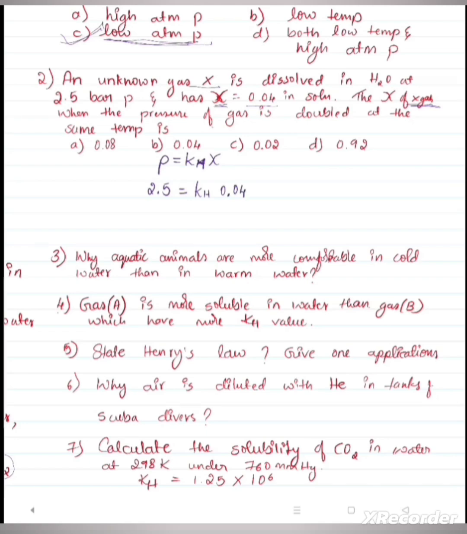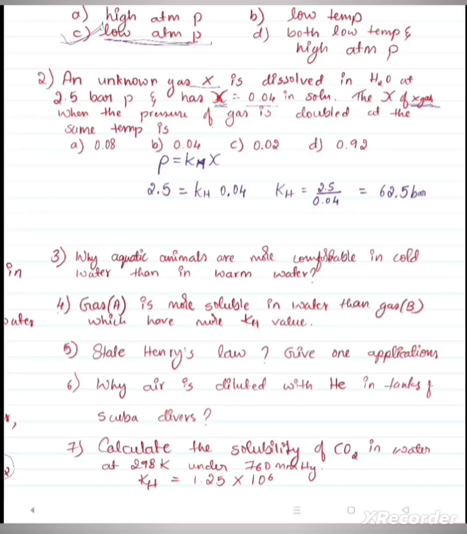First we'll find the KH value. KH is equal to 2.5 by 0.04, which is 62.5 bar. So this is the KH value.